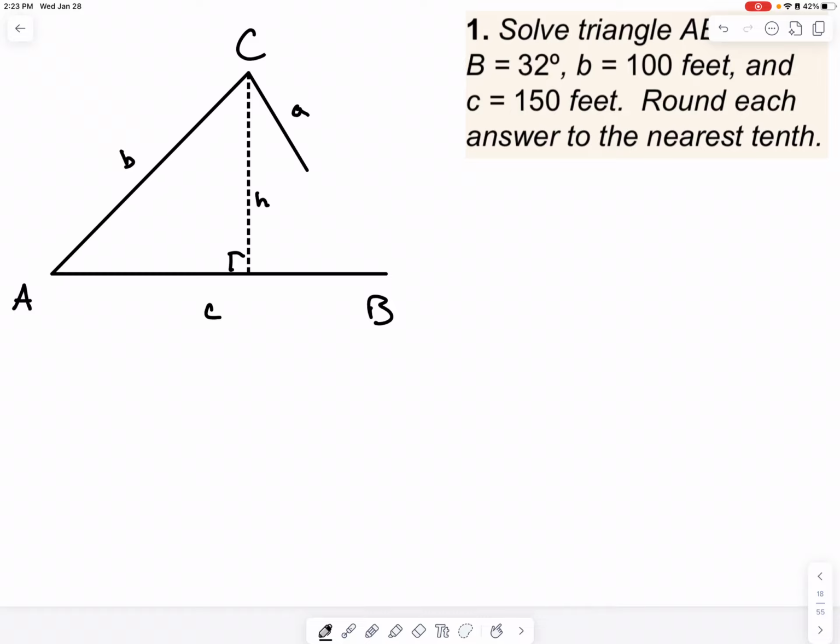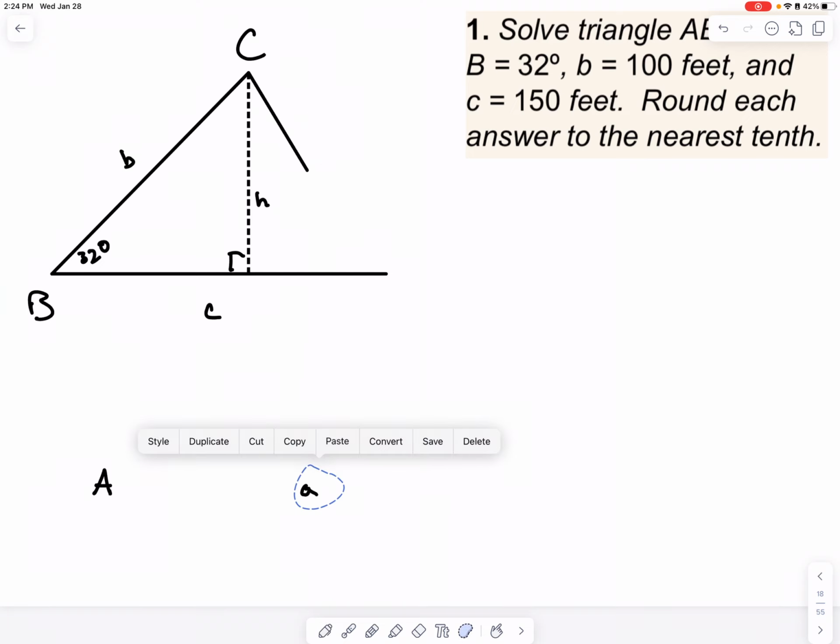Now, I think they rearranged it, so we might need to move our labels around. This is our 32 degrees, so side B has to be opposite angle B. I'm just going to move these for right now.